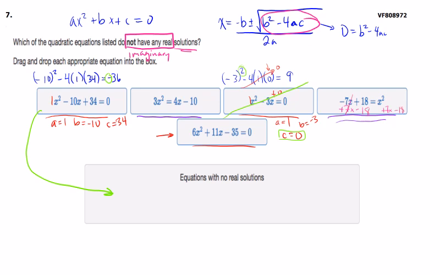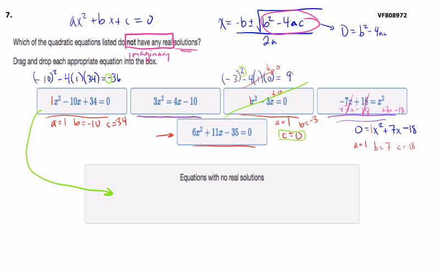And so these cancel out, and I get 0 equals x squared plus 7x minus 18. Okay, so now I can see a, b, and c. A is 1, the invisible 1 there. B is 7, this time it's positive, and C is negative 18.